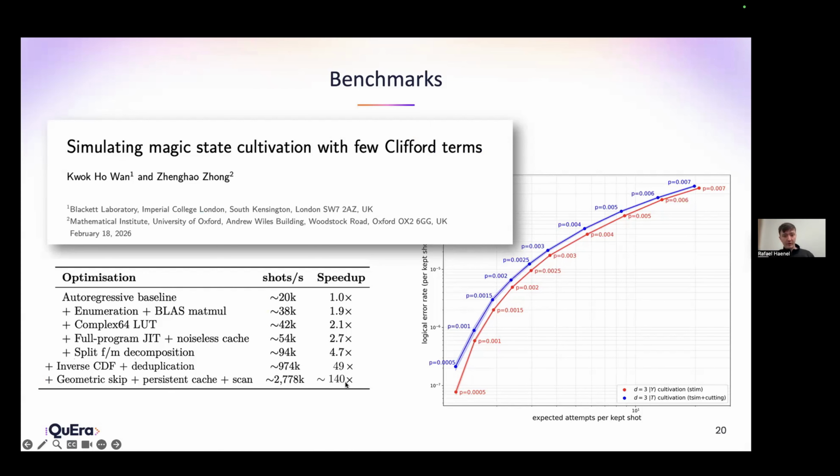So overall, for this D = 3 cultivation circuits, they were able to give another 140x performance throughput improvement on top of tsim, making this a kind of state of the art tool for this circuit. And so some of these optimizations work in general, and we will work to implement or to fold this back into the tsim code base.